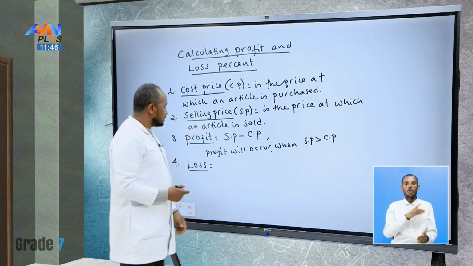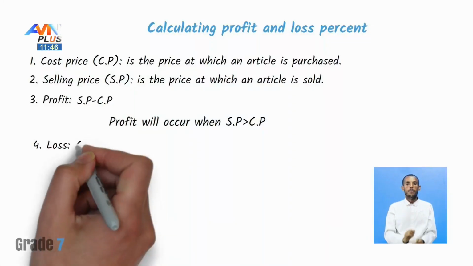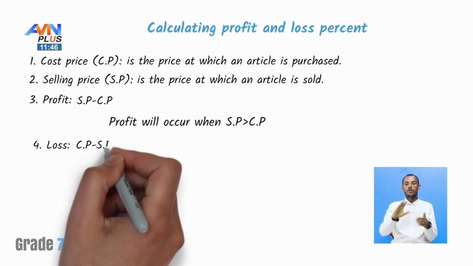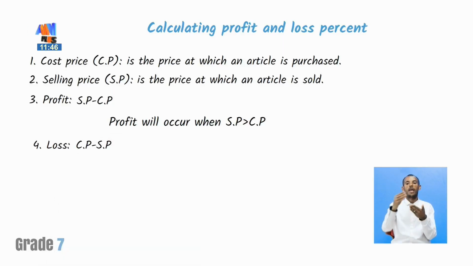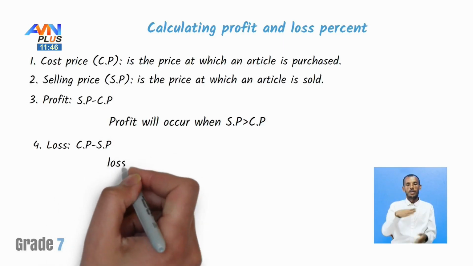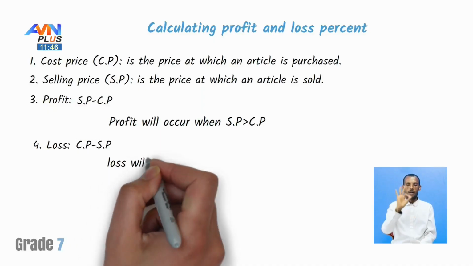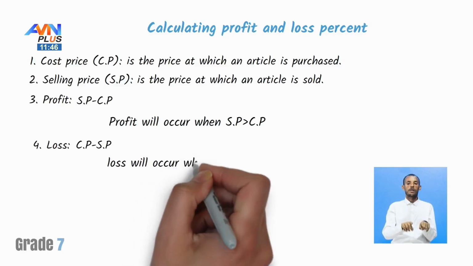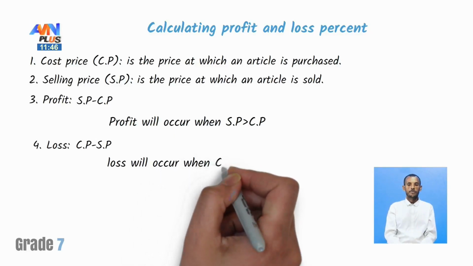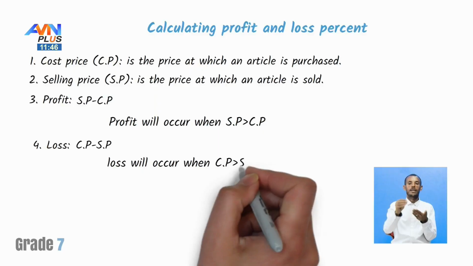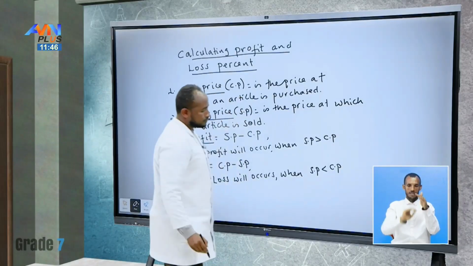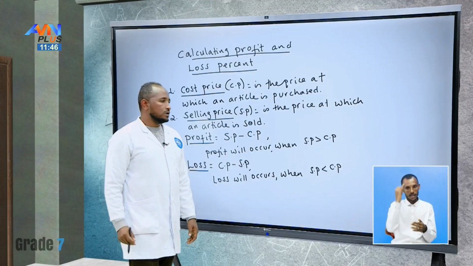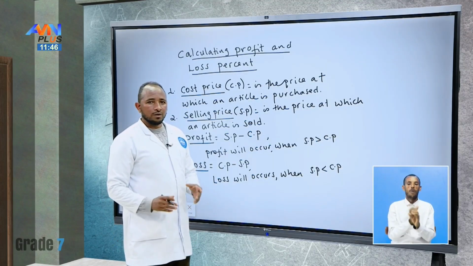And the loss is given by this equation, cost price minus selling price. So loss occurs when the selling price is less than the cost price. These are some of the terms that we use to calculate profit and loss percent.